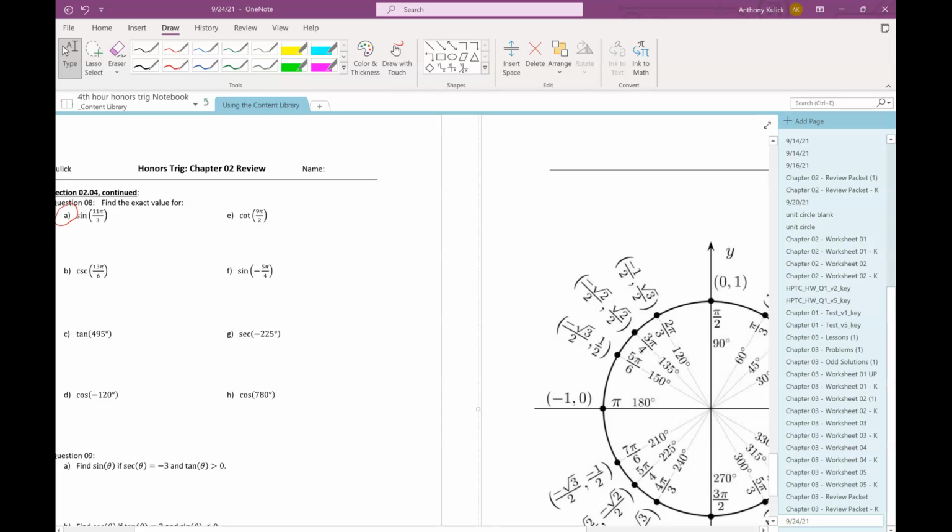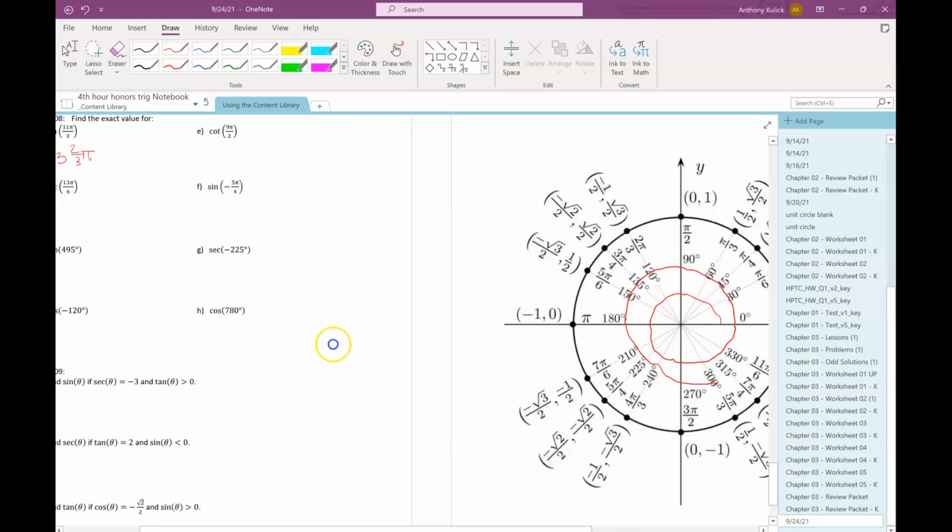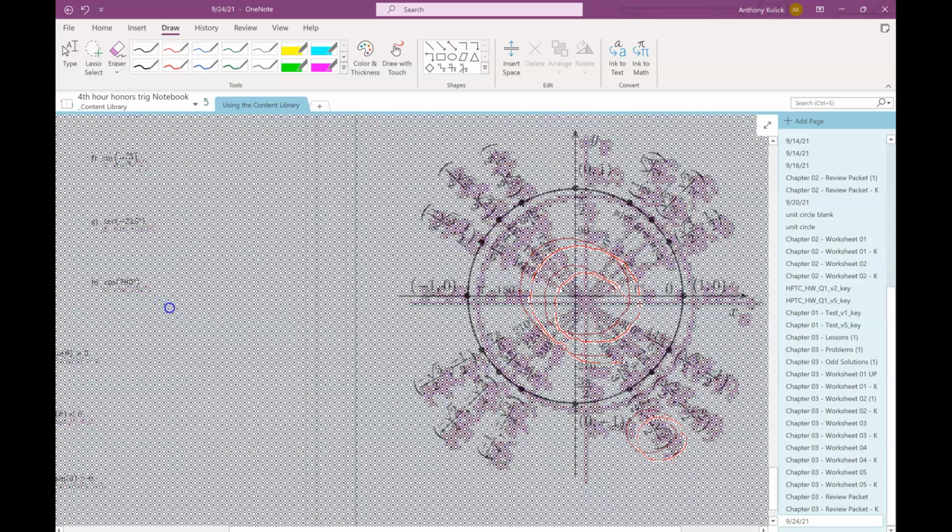If I'm going to do this visually, I notice that 11/3 is like 3 2/3 as a mixed number. So visually: half, 1, 1.5, 2, 2.5, 3, and then 1/3 to here, and then 2/3 to there. So that's my coterminal angle. And since we're doing sine, I just want the y coordinate.